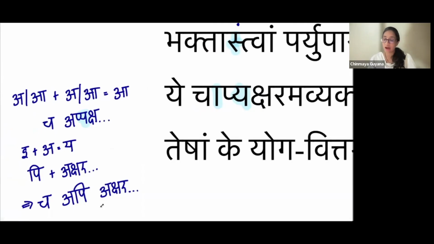You will not find an a like this in the visarga table. So if there's an a and there's a visarga involved, you will see a space, you will see a sahalant, you will see a rahalant. So that means that this must be a vowel sandhi. So what is the vowel sandhi for a?